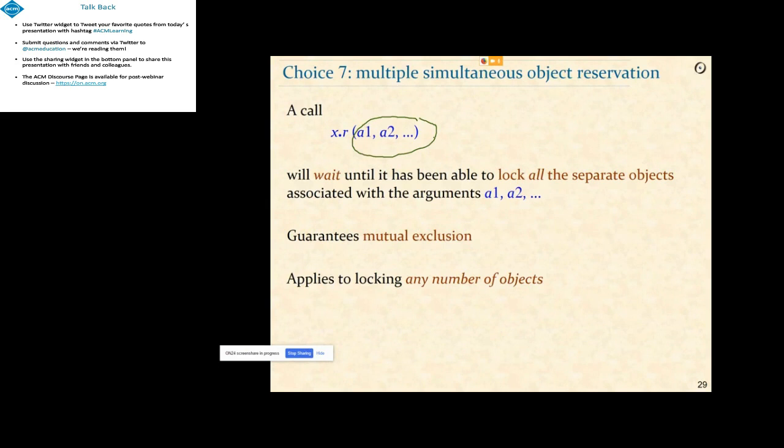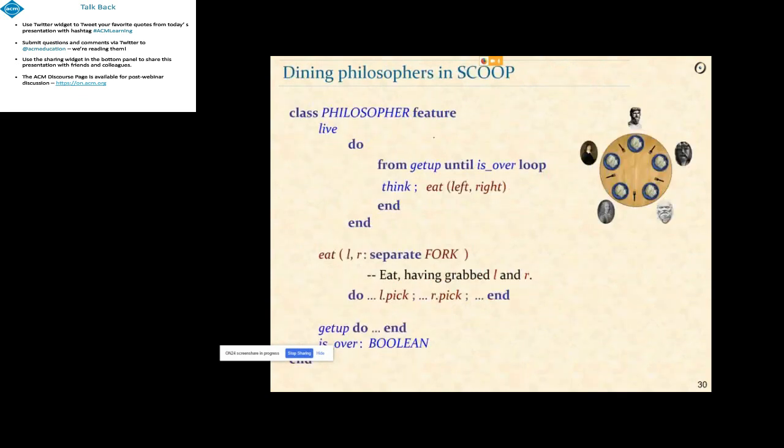And it's also a quite powerful mechanism to lock in a single instruction any number of objects. So if you remember the dining philosopher's example, this was a trick here, is that I say eat of left and right. Left and right are separate arguments of type fork. And when I say eat of left and right, I guarantee that when the application of eat, remember this notion of application, proceeds, which is this code here.